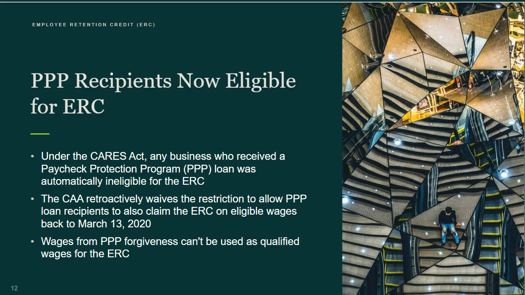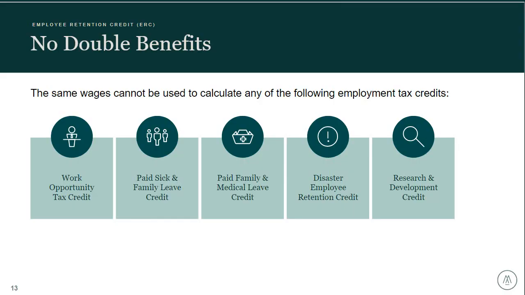And there's similar rules then for a number of other employment tax credits, including WOTC, the Work Opportunity Tax Credit, and the paid sick, family leave, and medical leave credits. Those are also part of the CARES Act, and again, those were a little more beneficial because they were 100% refundable compared to the 50% or 70% credit that the employee retention credit offers.